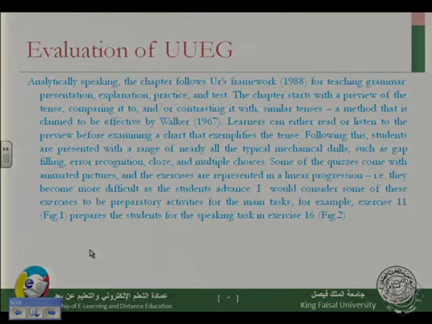You present the rule, the grammar that you want to teach to your students, and then you explain that grammar. Then you give some practice to your students, let them practice the grammar that you are teaching, and then you test them to see whether your students have achieved something or not. So: presentation, explanation, practice, and test.